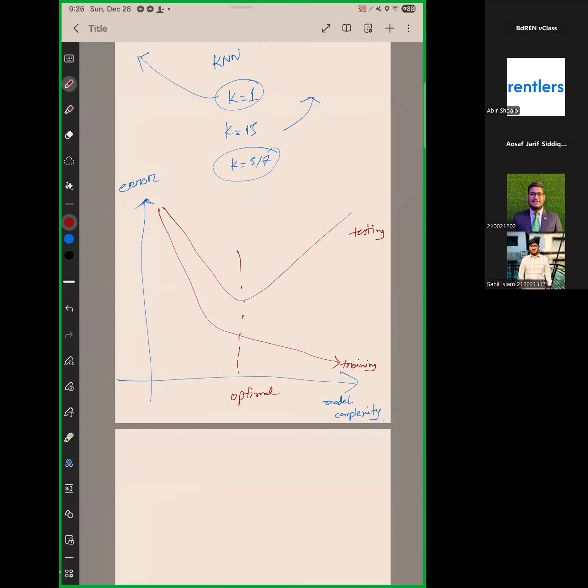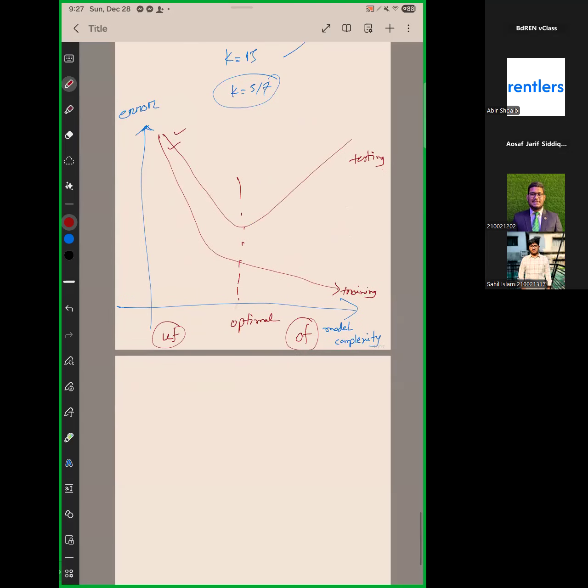On the left side you have high training error, high testing error. এটা কোন সিনারিও? এটা হচ্ছে আন্ডারফিটিং সিনারিও। When the training error is high, testing error is also high, that means that is the underfitting scenario. Your training error is very low but testing error is very high, that is the overfitting scenario। মনে থাকবে?